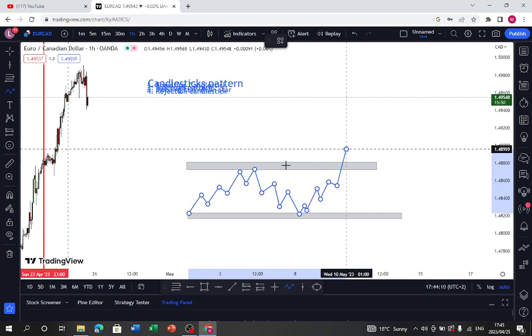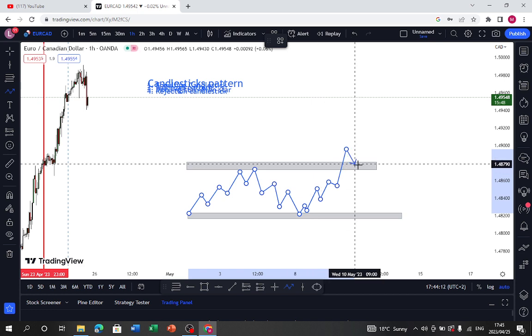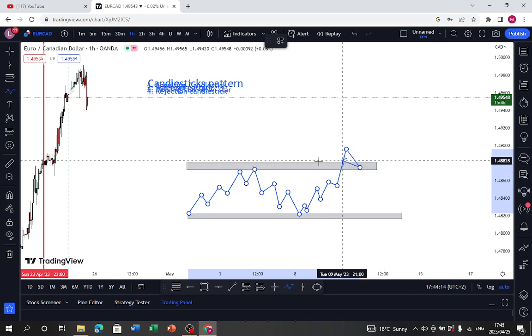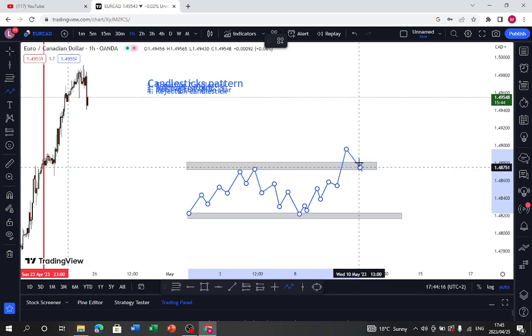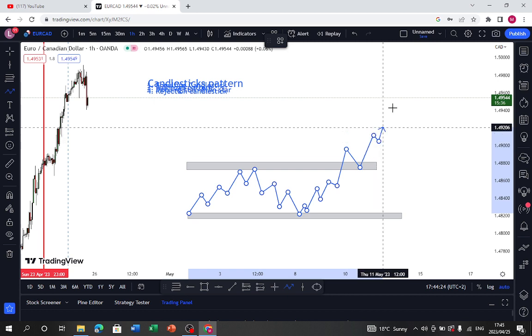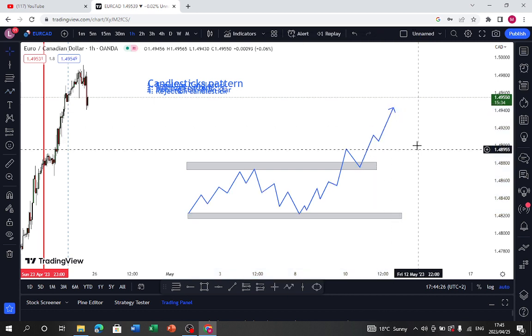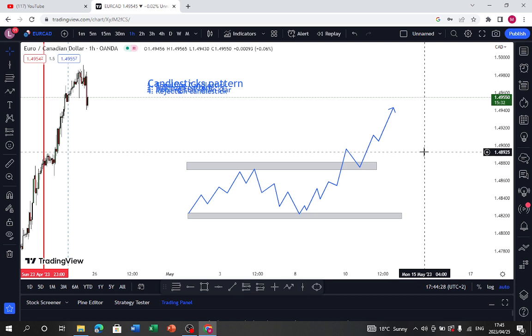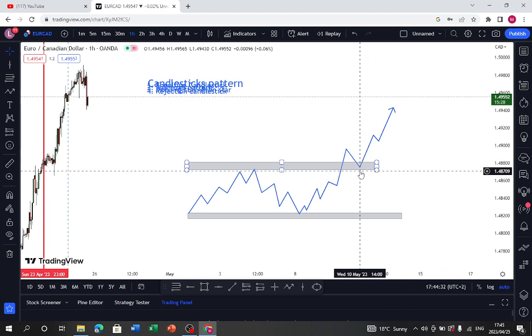If we break this resistance, come back to test it, and the resistance turns into support, then we're also gonna look for a bullish engulfing here, right? Bear with me. This is a break and retest strategy.